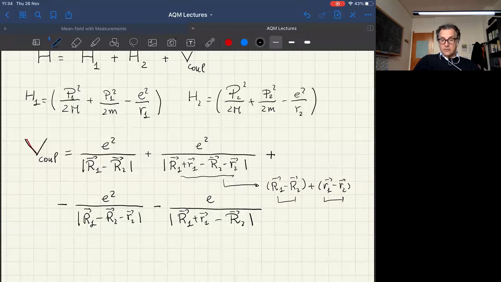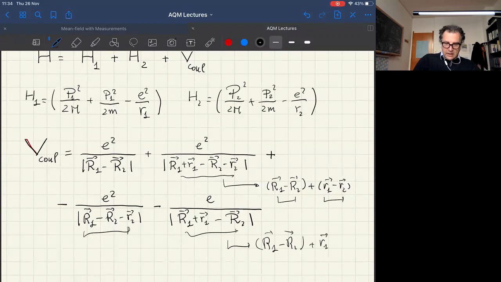Oh, okay. So you see here is just R1 minus R2 plus R1, okay? Here is R1 minus R2, sorry, minus R2.